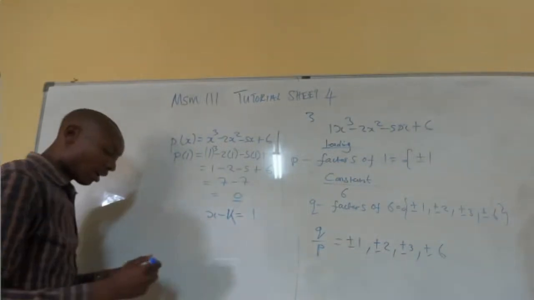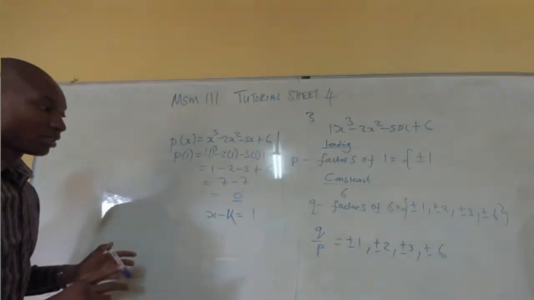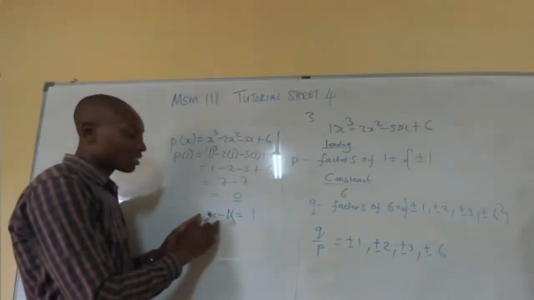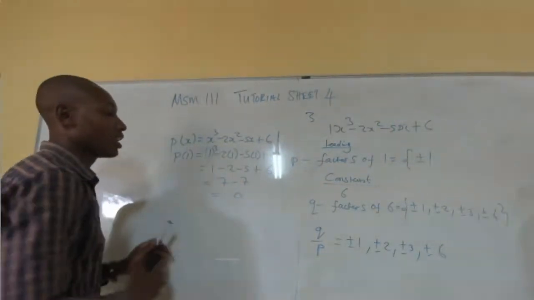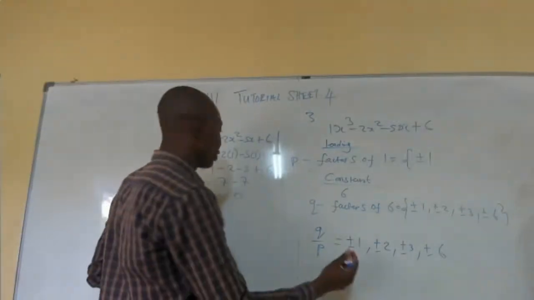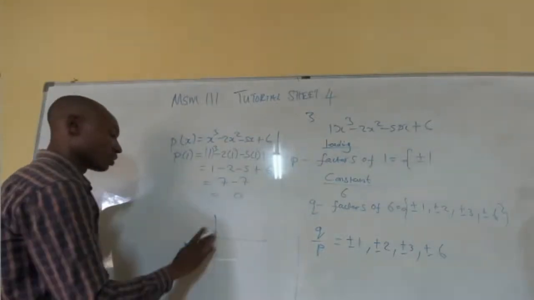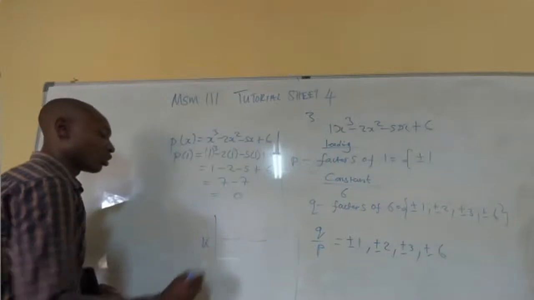So we have x minus k is equal to 1. But what you notice is that the x minus k was already written for you. Remember, when we're using synthetic division, you had a 1 here, and this is actually your k.